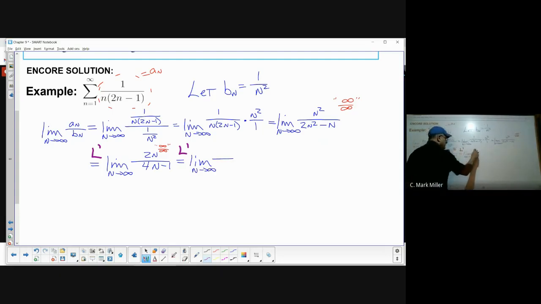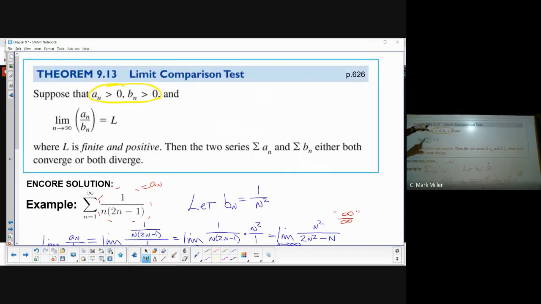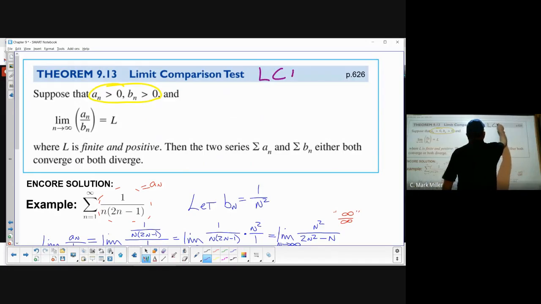The top 2, the bottom 4, that's going to equal 1/2, which is positive and finite. Oh, by the way, L limit comparison test, LCT.